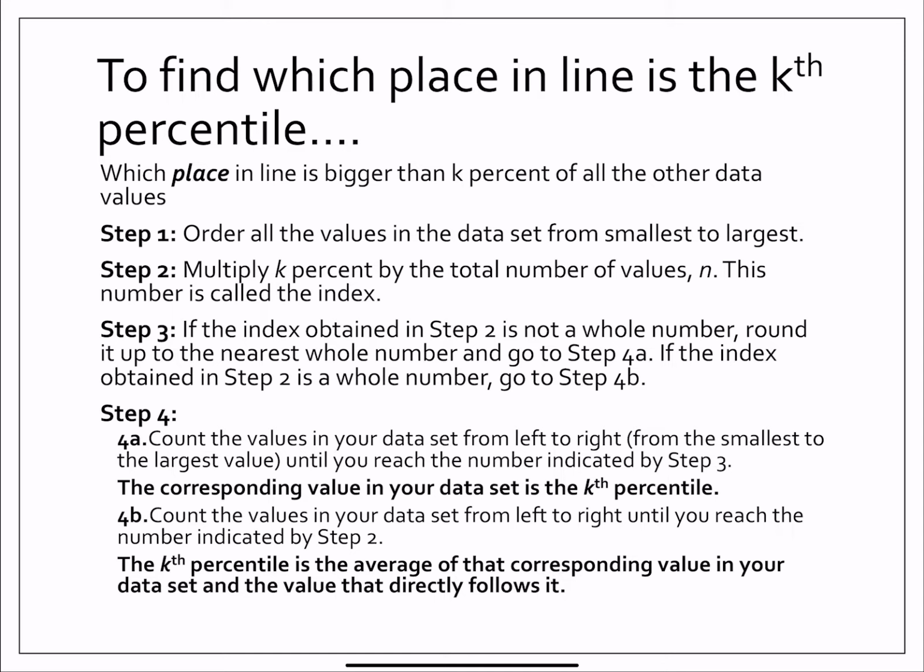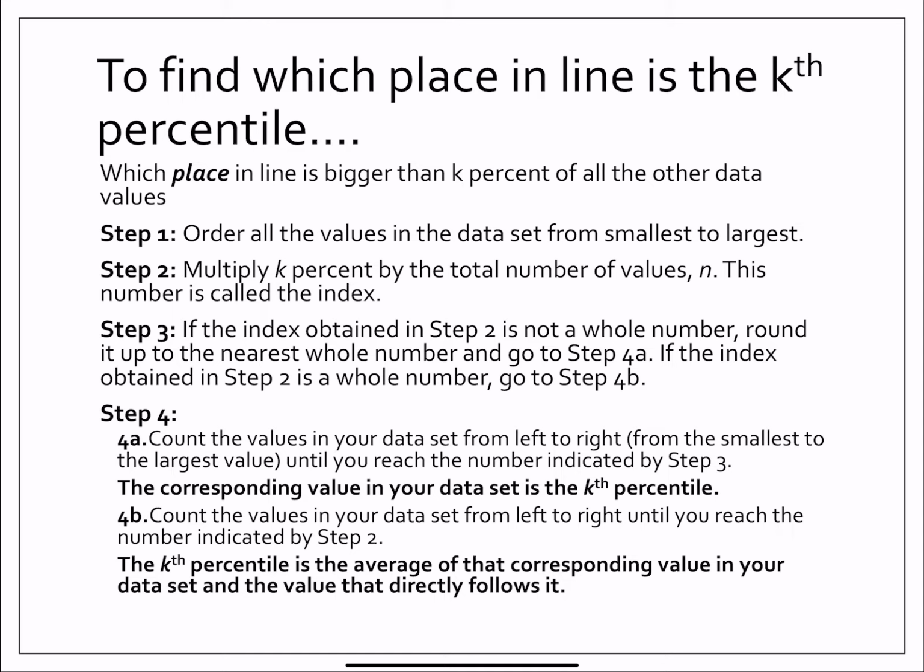Which person in line is the 25th percentile? Which person in line is the 32nd percentile? So instead of going the other way, we can go backwards and say, let's find the person who matches this percentile. So to do that, our steps are just a tiny bit more complicated, right?